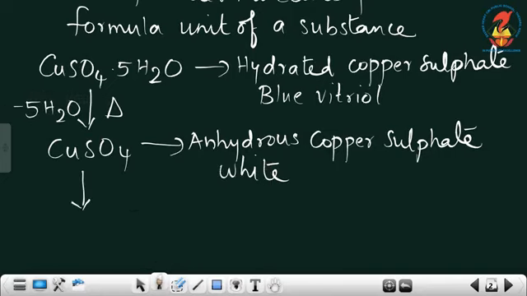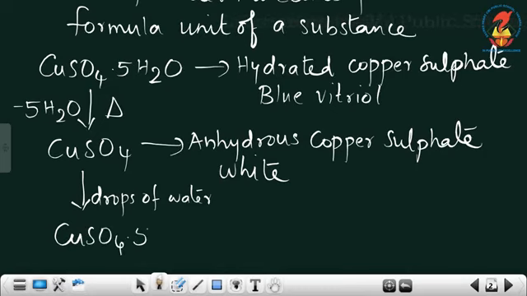Now, again you add a few drops of water to it. You moisten this anhydrous copper sulfate with a few drops of water. Then again it changes to hydrated copper sulfate, and the blue color is regained, because it attains the water molecules back, and from white it changes its color to blue. Okay, so that's important.